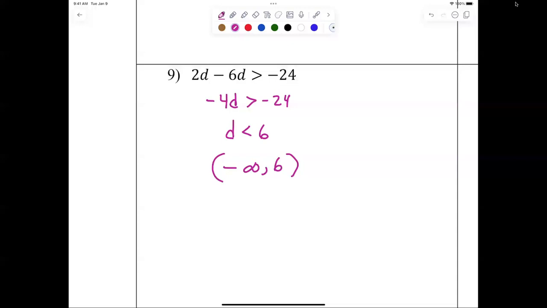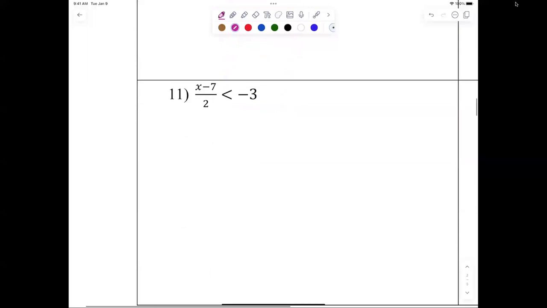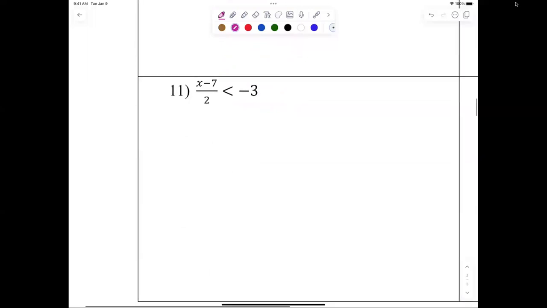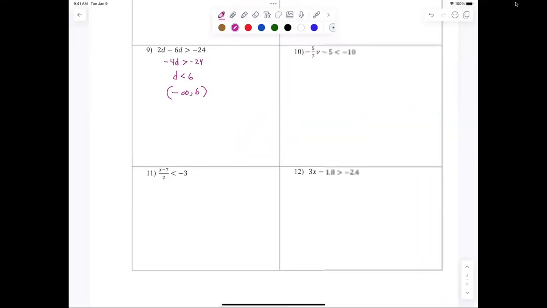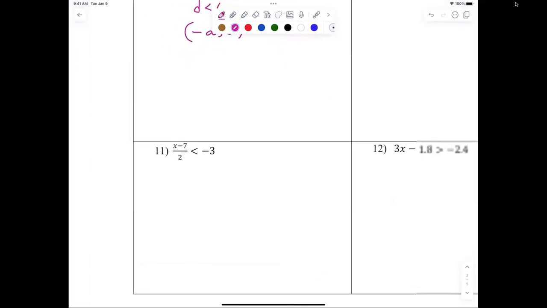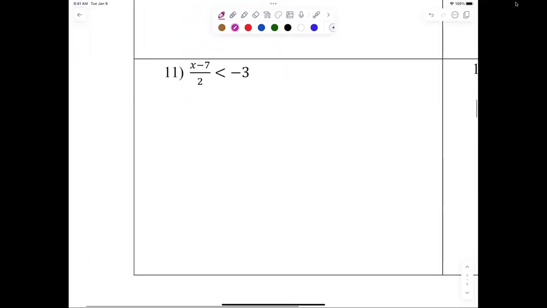You hear me? All right, let's check out number 11. What do I need to do on number 11? Come on, guys, we should be getting good. X minus 7 is less than what? And now what? Add 7.